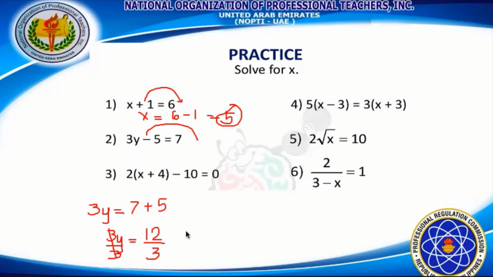So, ang natitira na lang dyan is y equals 12 over 3. So, y equals 4. So, the value of y is 4 in example number 2. Gets? Kuha? O, diba? Dali.